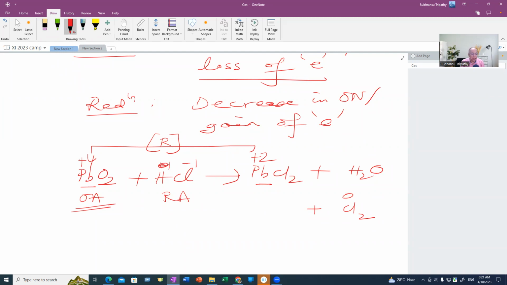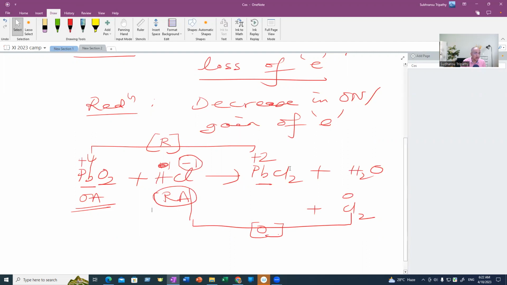So chlorine has been oxidized from -1 to 0. This is an increase in oxidation number, or loss of electron. It was in the hypothetical -1 state and has lost 1 electron to go to the 0 state. And 2 such chlorine atoms have combined together, Riddhi and Siddhi, the twin, and they constitute a chlorine molecule. So this is oxidation, and this is the reducing agent or reductant.